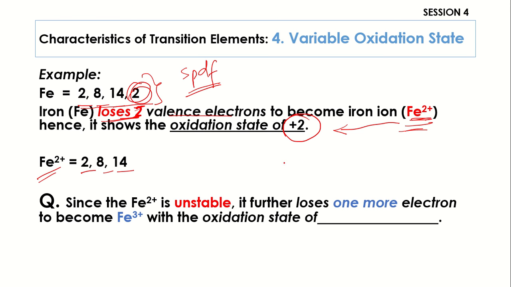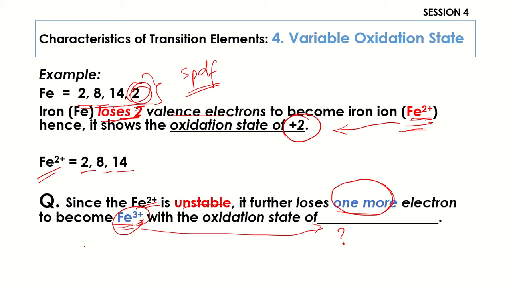Now try to solve this question. Since the iron ion with 2 positive charge is unstable, it further loses one more electron to become stable, and the ion formed is iron with 3 positive charge. What would the oxidation state of the 3 positive charge ion be? You can guess the oxidation state.